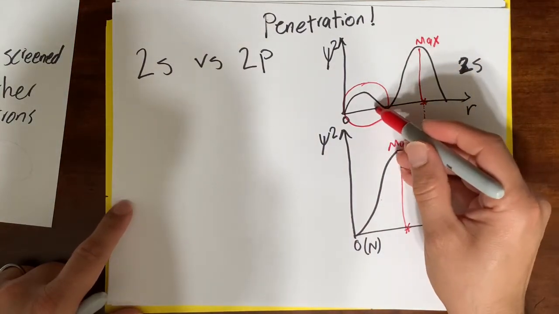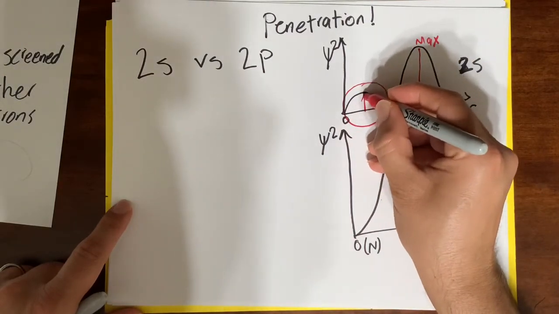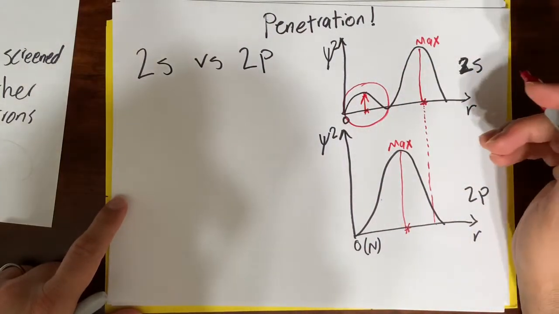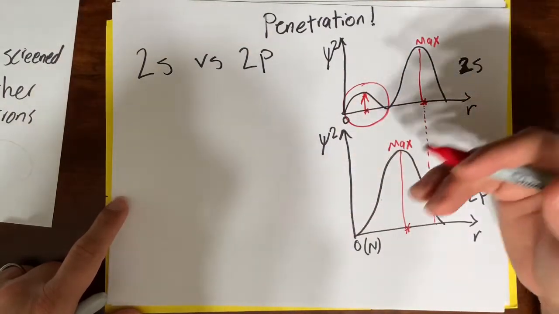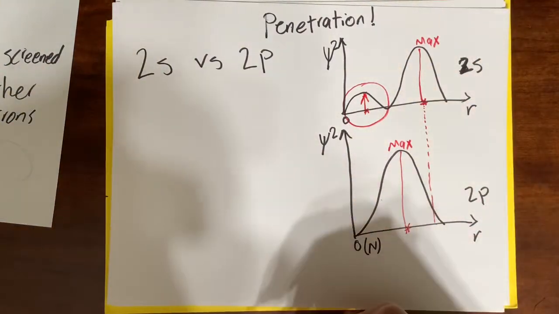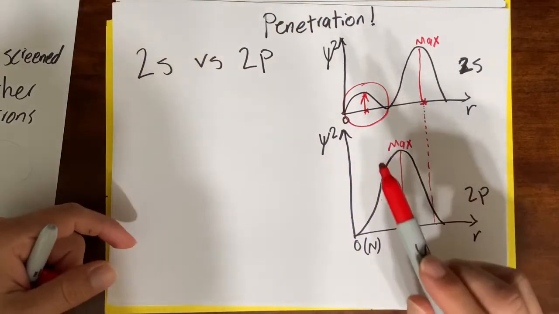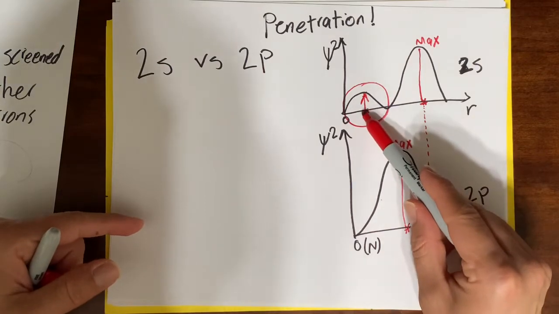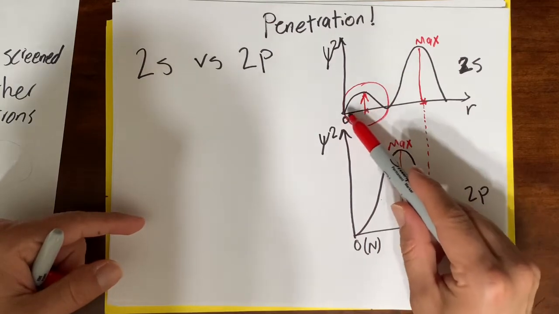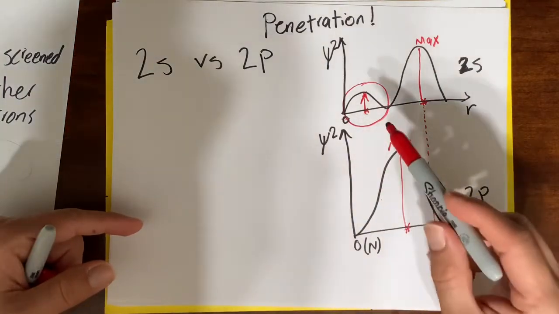The electron can show up close to the nucleus, and because this R is really small, that means the force is going to be way higher, and the electron is close to the nucleus. Because it's close to the nucleus, the system will be really stable. The electron can show up at a distance that is so close to the nucleus, and because it's so close, the system is going to be really, really stable. We call this one penetration.